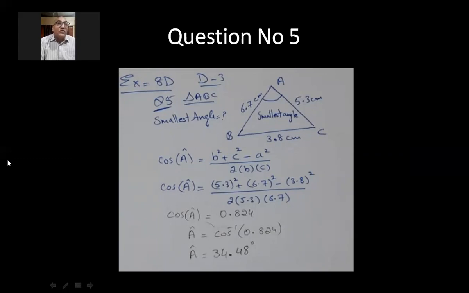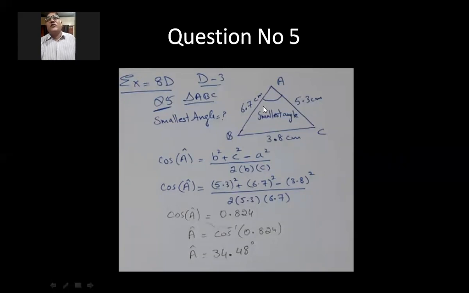But one conceptual thing you should understand is that the smallest angle will be the angle opposite to the smallest side. Here the smallest side is 3.8 centimeters, so the angle opposite to this side will be the smallest angle.